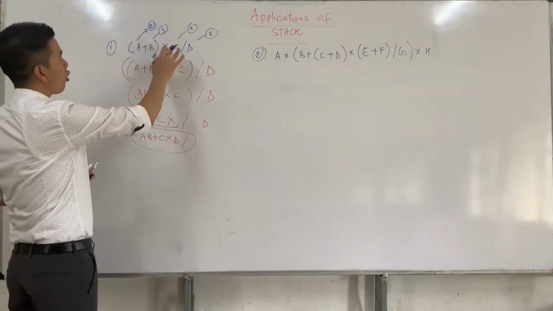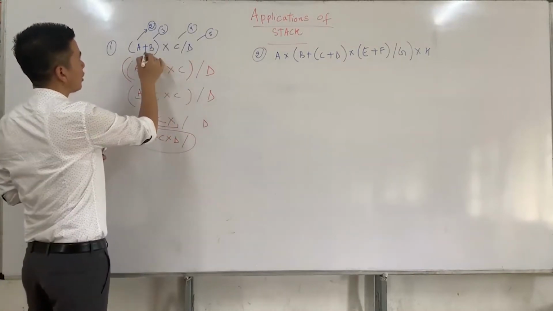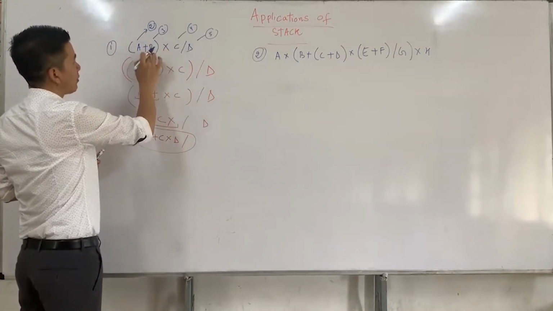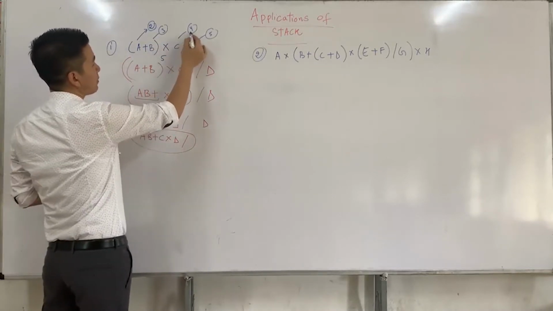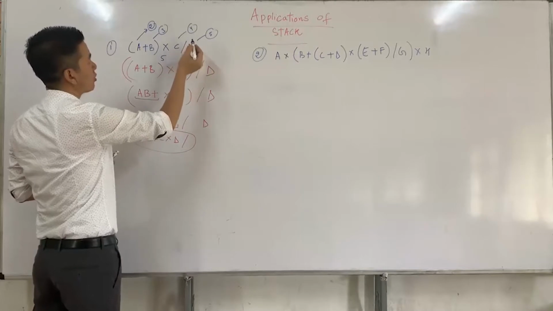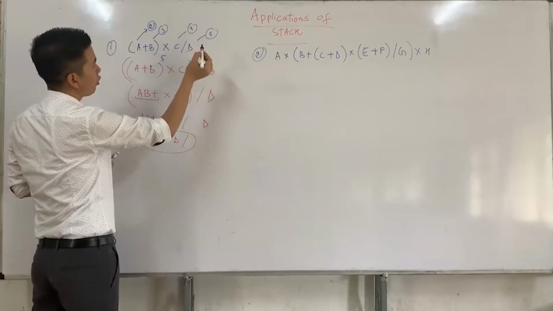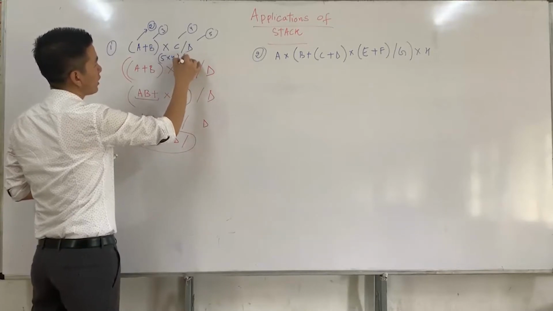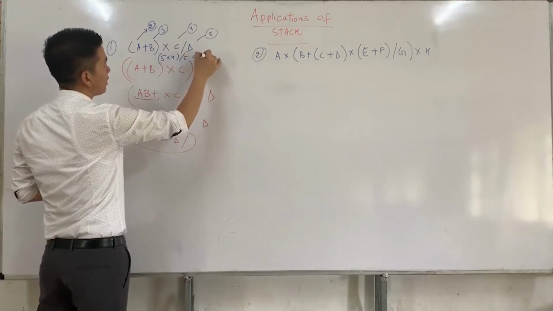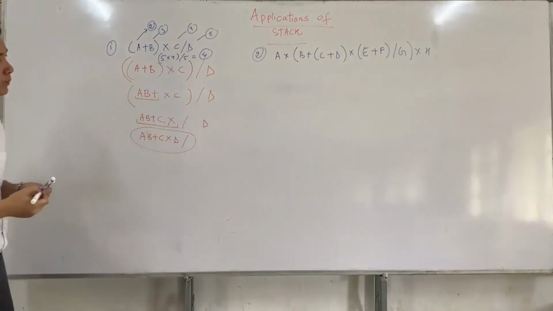Let's say if we just go by our own calculation, A plus B, 2 plus 3 will be 5, and then 5 will be multiplied with 4, so this will be 20, 20 divided by 5, the final answer will be 4, okay?